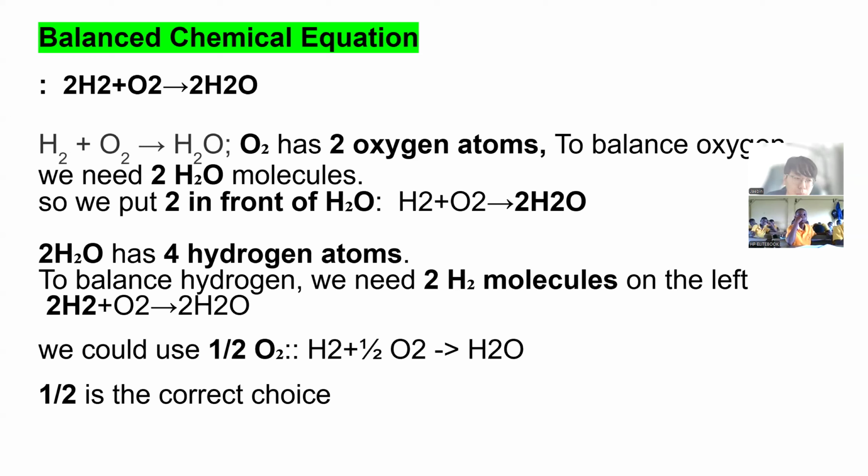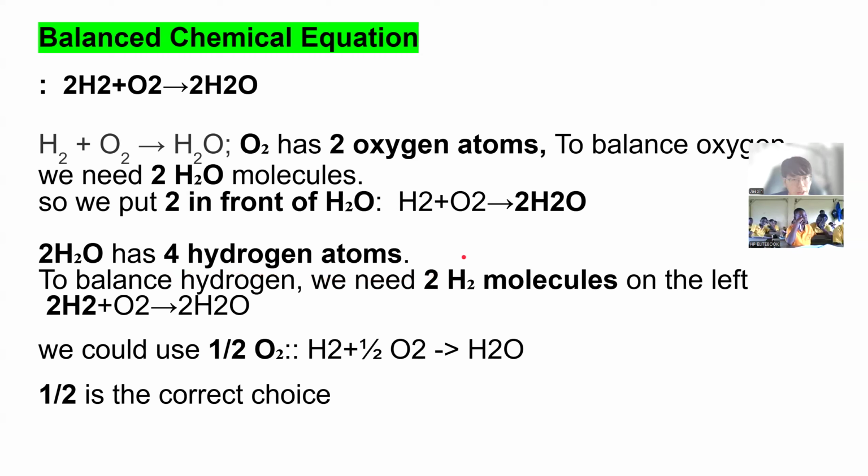We need 2 water molecules, so we put 2 in front of H2O. We multiply by 2 to balance the oxygen. So 2H2O now has 2 oxygen atoms, but also 4 hydrogen atoms.